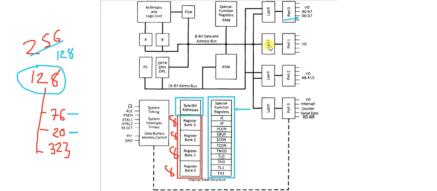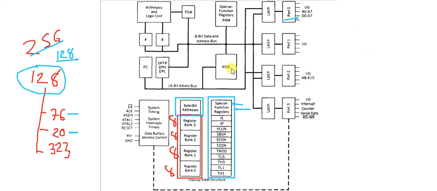Okay, so these commanding registers, or you can say controlling registers, are given the name special function registers, and these registers need some memory space. Okay, so these particular registers are available in the RAM called the upper 128 bytes. Okay, so now clear about the RAM.